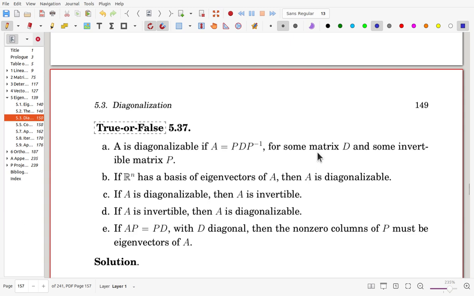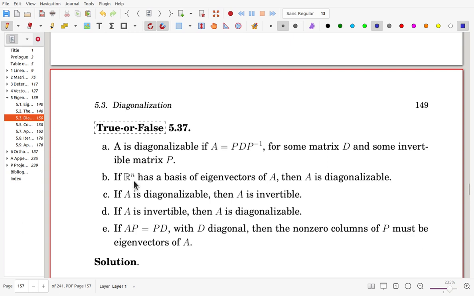It requires D being a diagonal matrix. If you choose an arbitrary matrix D, then it is not a diagonalization. So D must be a diagonal matrix. So the given statement is false.